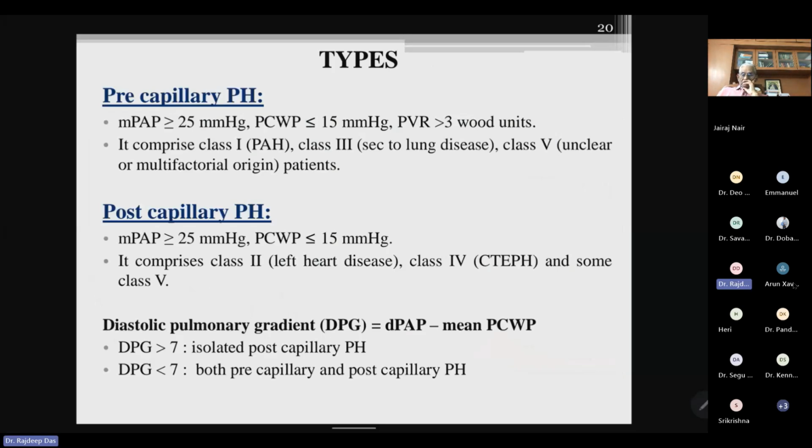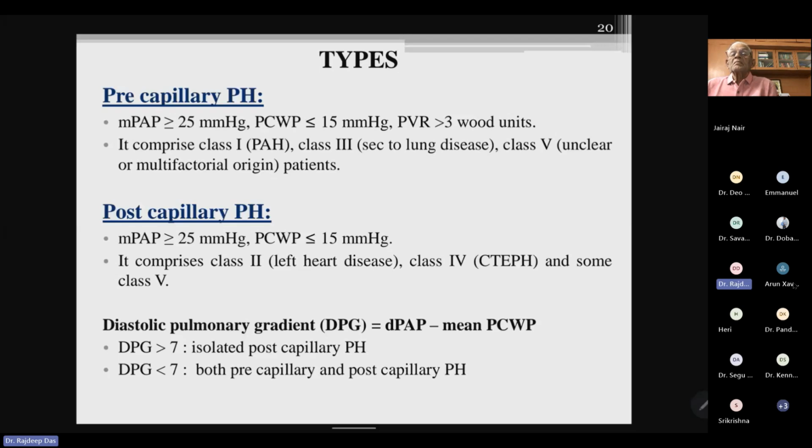Here the mean pulmonary artery pressure is more than 25 and OH pressure is less than 15 millimeter of mercury, and PVR is more than 3 Woods unit. It comprises class 1, the primary pulmonary arterial hypertension, class 3, which is secondary to any lung disease, and class 5, which is of multifactorial origin.